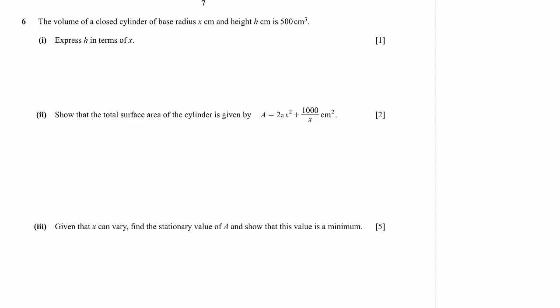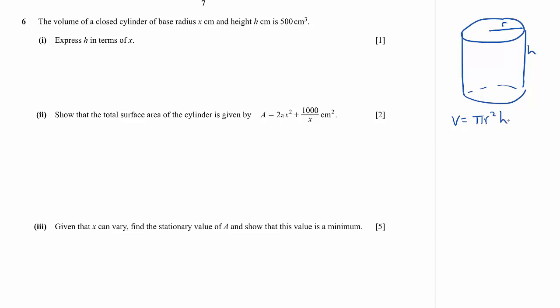The volume of a closed cylinder of base radius x and height h is 500 cubic centimeters. Now, let's think about a cylinder. If the radius is r and the height is h, then the volume is pi r squared h.